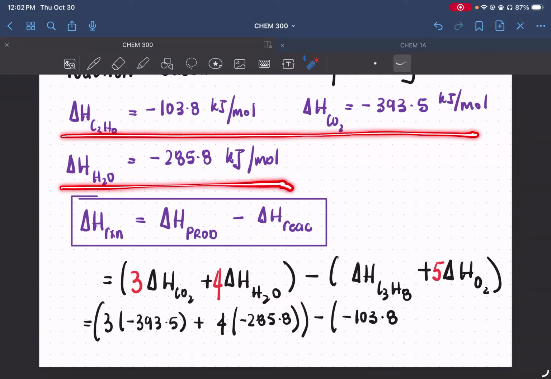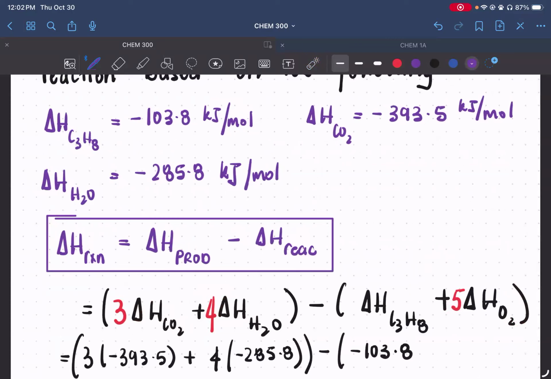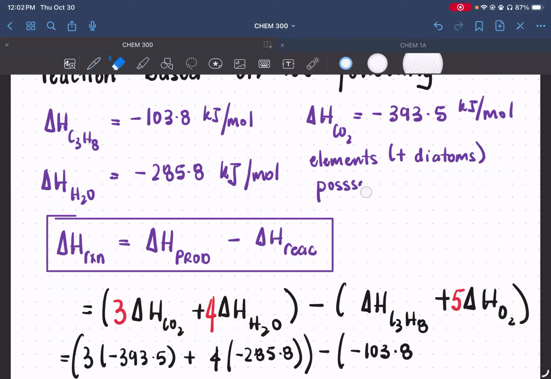But as I continue to write, we notice that I did not give you the energy of the oxygen. This is on purpose. The reason I didn't give it to you is because elements, as well as diatomics such as oxygen, possess a delta H of 0 kilojoules per mole.